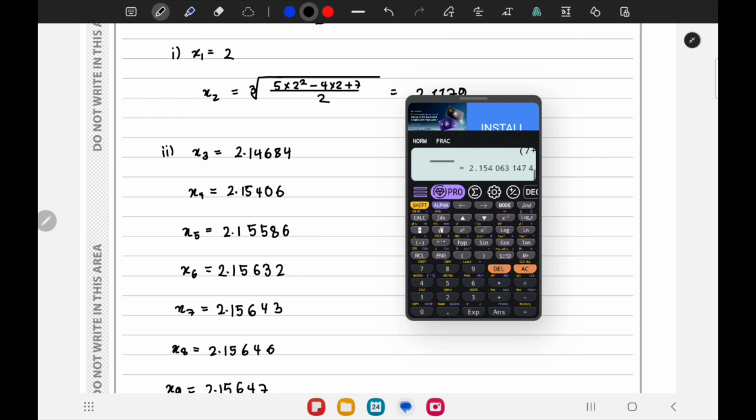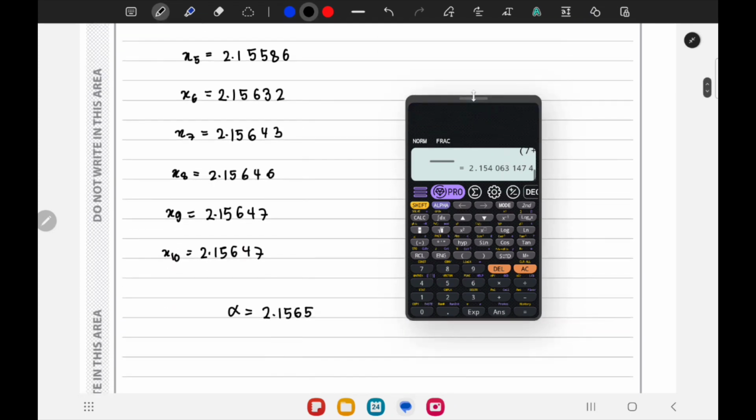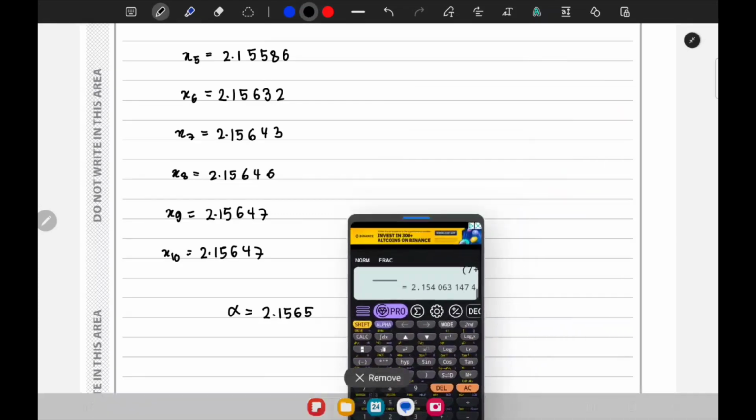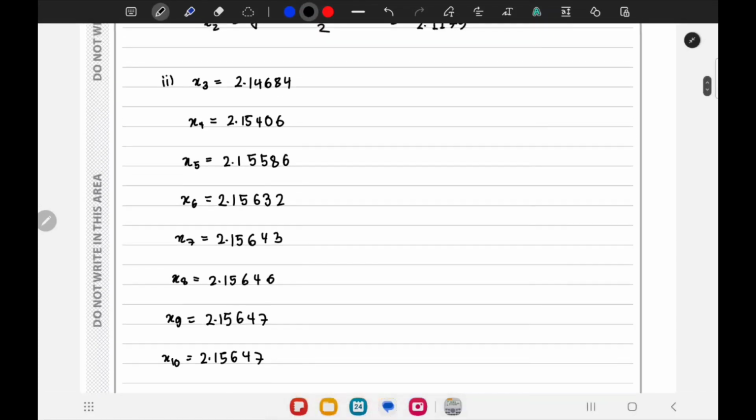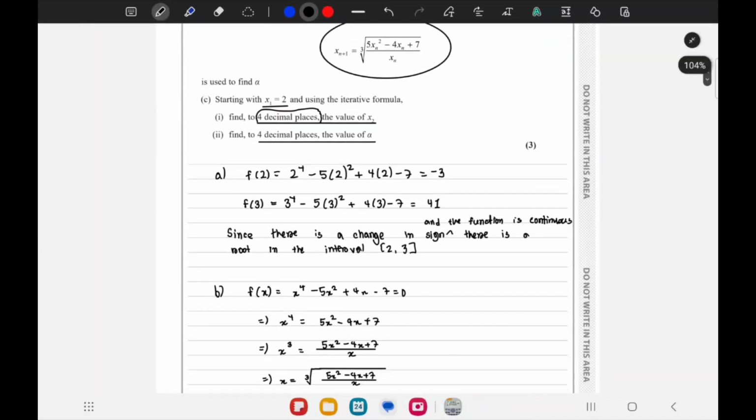So if we continue, we'll keep on getting more values of x until we get our answer. So using this function in calculators would save a lot of time in your exams. And that's it for question 2.